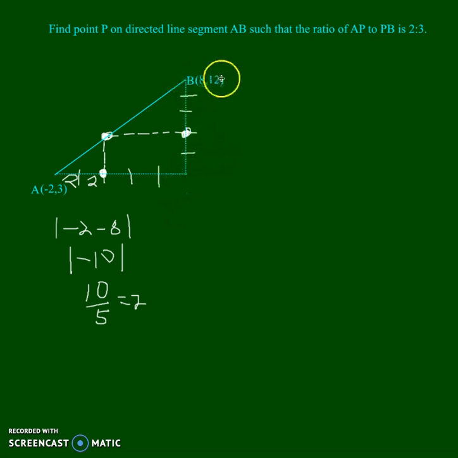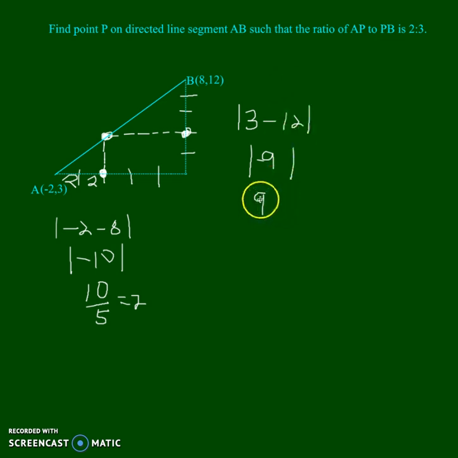We take the y coordinates in this case, and it doesn't matter whether you use this one or this one first. So it's the absolute value of 3 minus 12. 3 minus 12 is actually negative 9, and negative 9 absolute value is just 9.